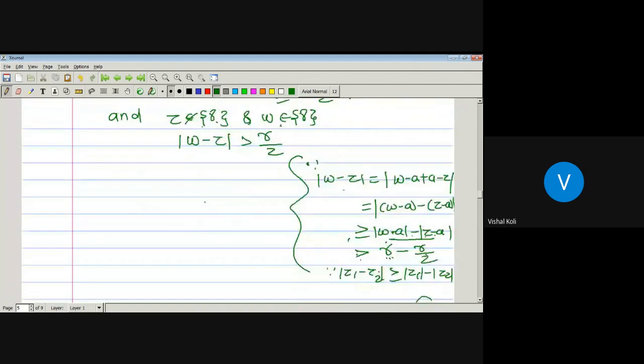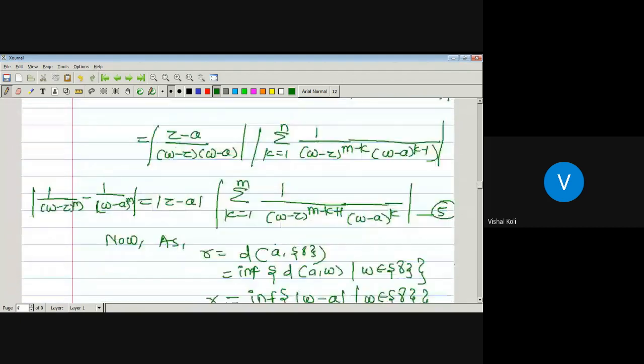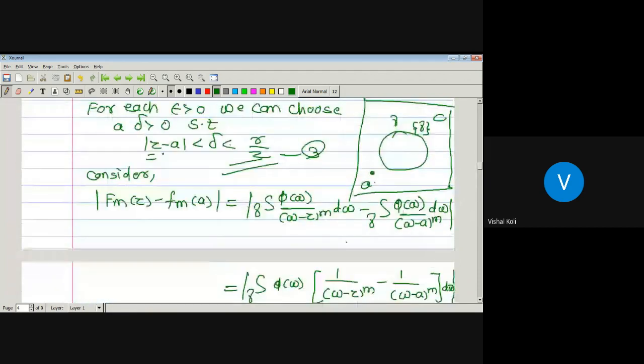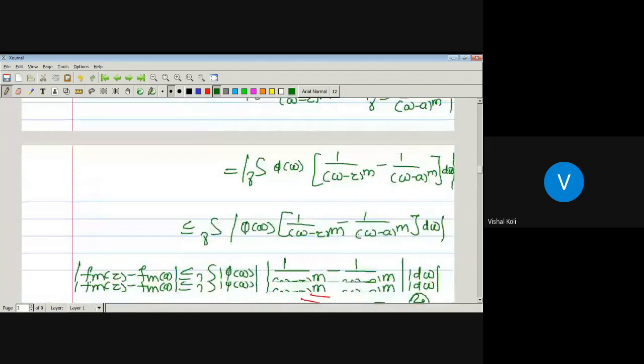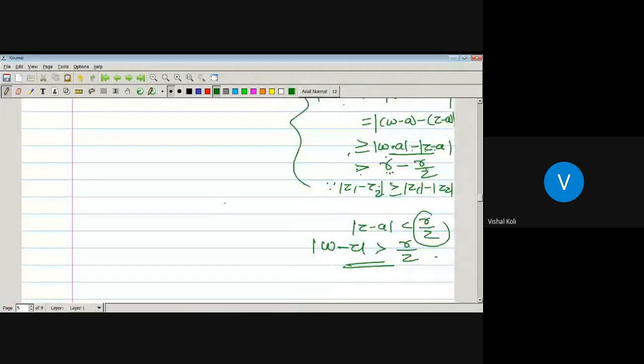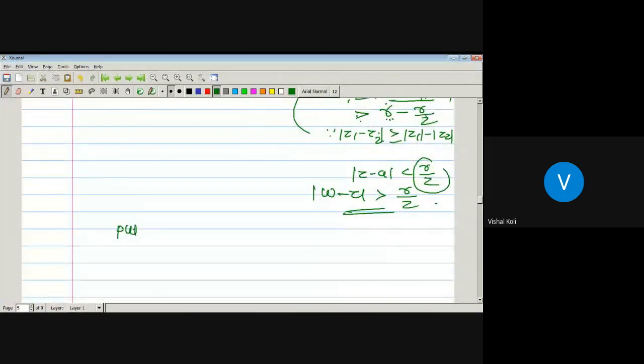Okay. Now put this equation number 5 in our equation number 3. Here we have to put this value. Sorry, in equation number 4 we have to put. Okay. Put equation 5 in equation 4.